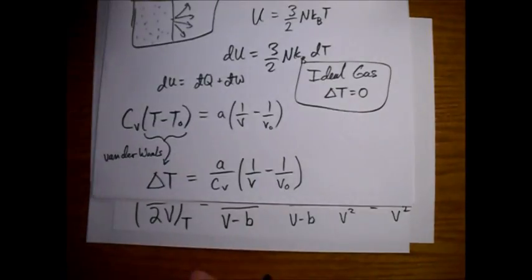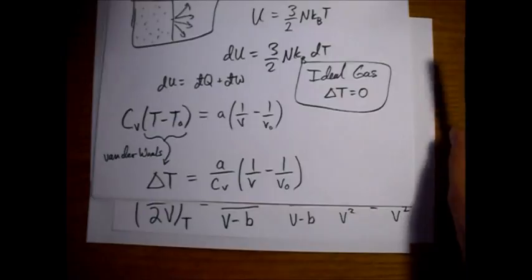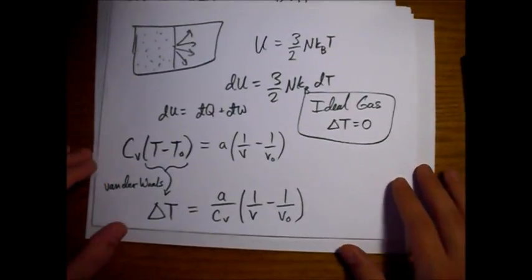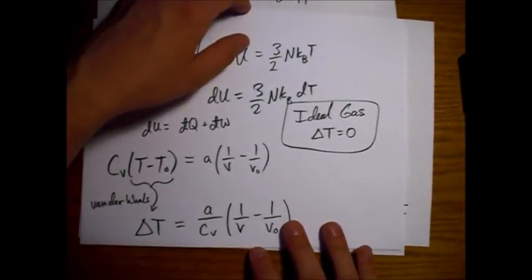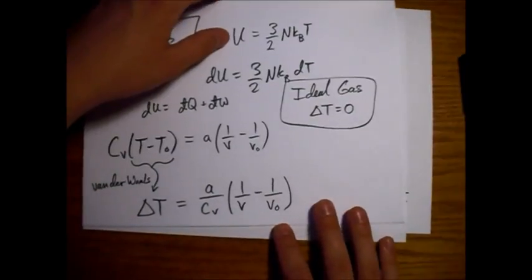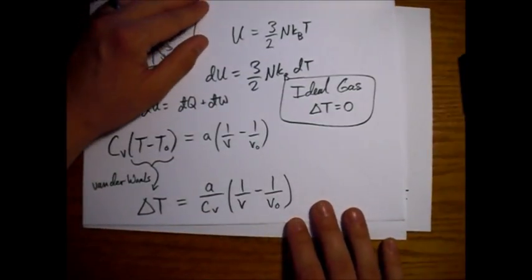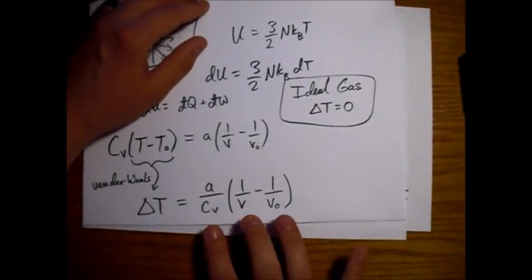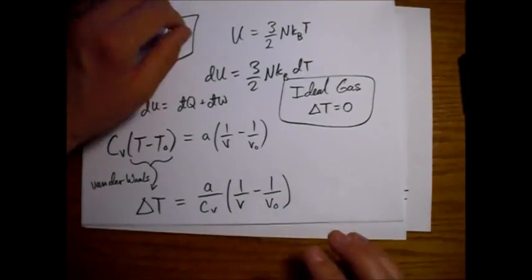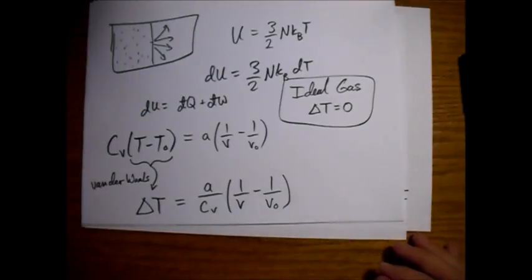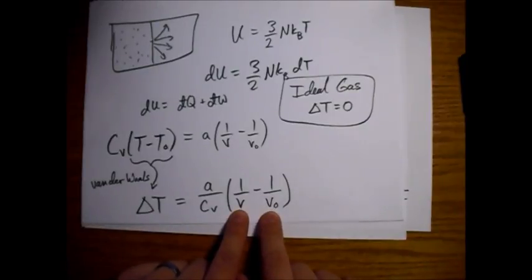Right, and again, van der Waals gas is just a simple model that includes some interaction between the particles, like a short-range repulsion and a long-range attraction, that sort of thing. So when you have a free expansion of these, now that there's interaction between the particles, they do care about the volume, like right here, right?